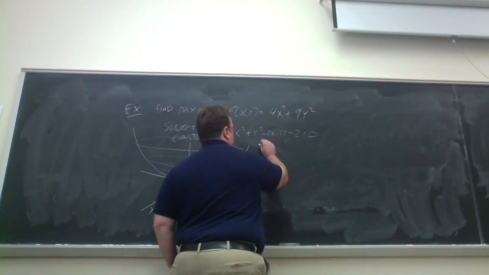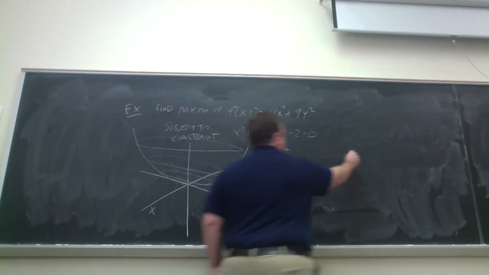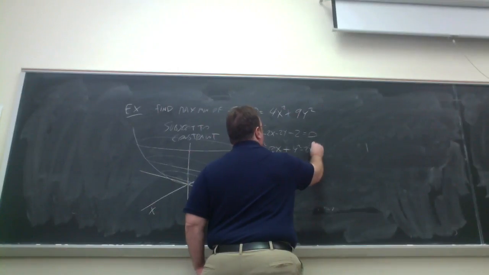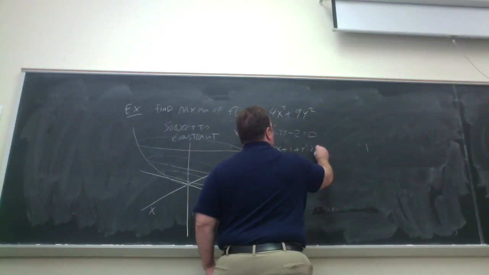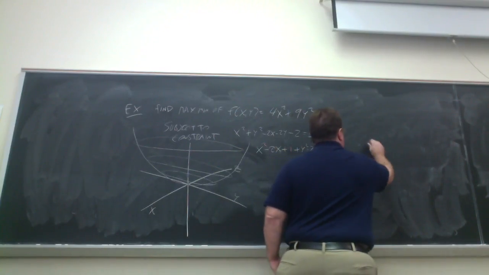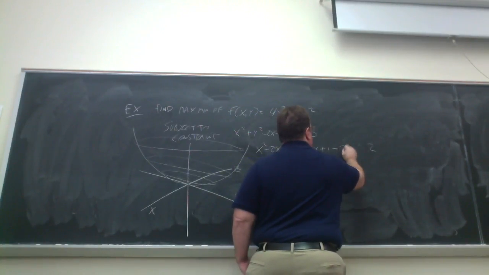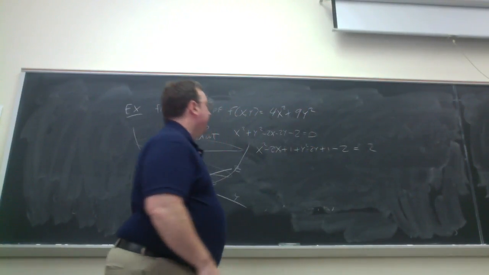So in fact, you can complete the square. x squared minus 2x, and I'm going to add in a 1, and add a 1 to the other side, and then y squared minus 2y plus 1, so I'll add a 1 to the other side as well. And then I have minus 2 is equal to 2.